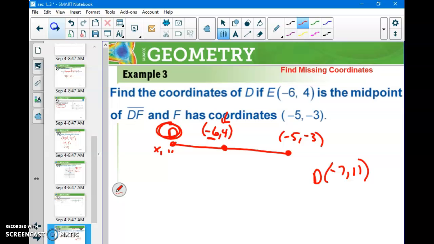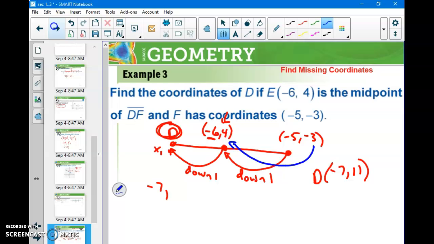If my x value is going down 1 from there to there, and that's the midpoint, it would have to go down 1 again to get to the other endpoint. So down 1 from -6 would be -7. Let's look at the y values. The y value went from -3 to 4, or up 7.